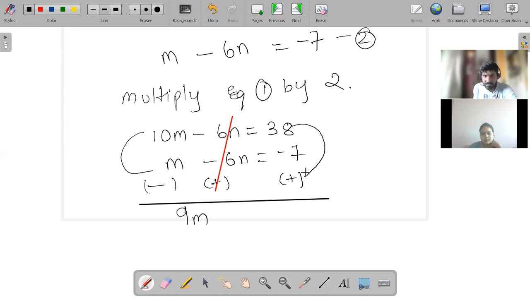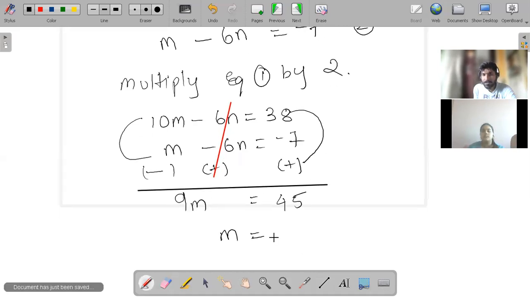38 plus 7. That's 45. So m will be equal to how much? 45 upon 9. Let me count: 38 plus 7, 38, 39, 40, yes, it's 45.